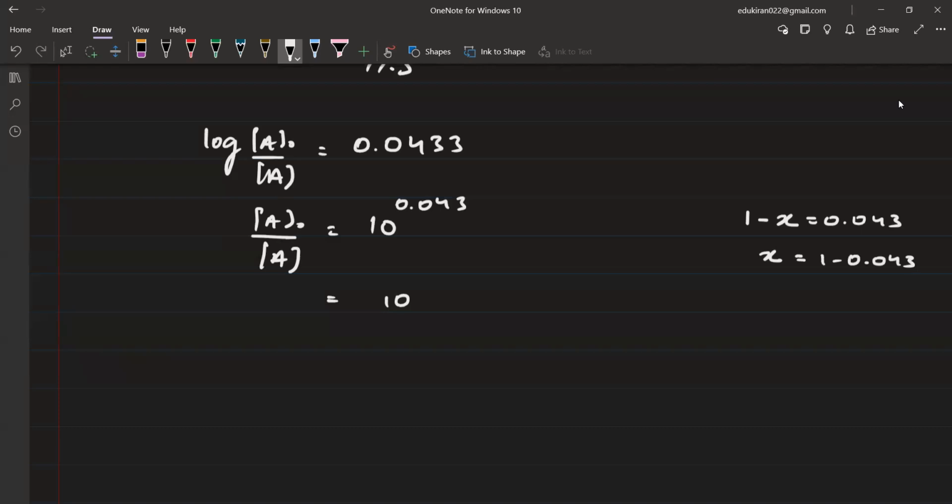Can you calculate what is x? This is equal to 0.957.